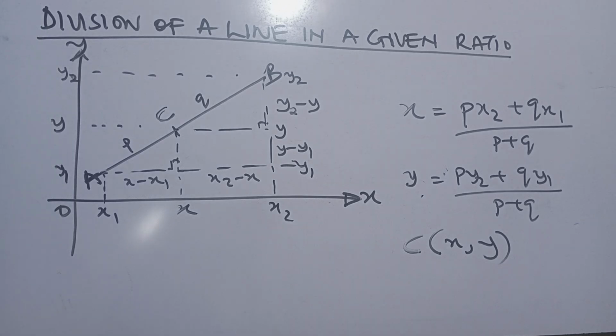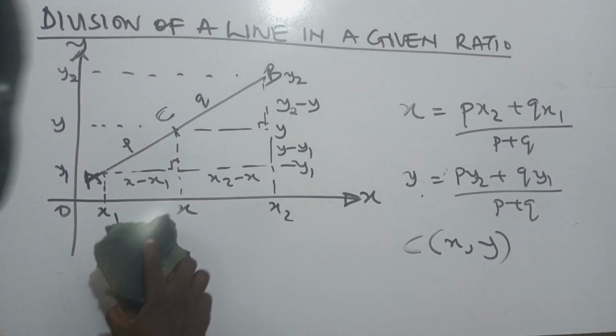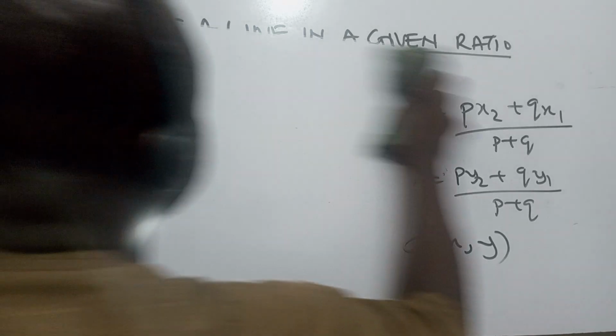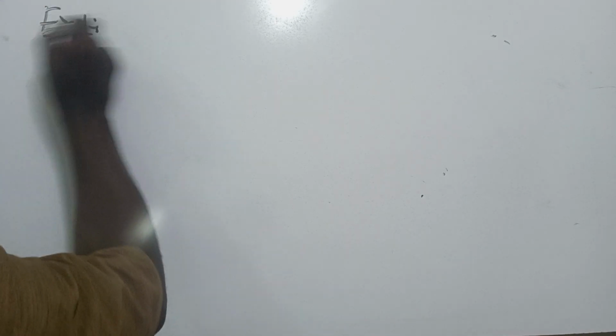So we are going to take an example to buttress our point, on division of a line in a given ratio.